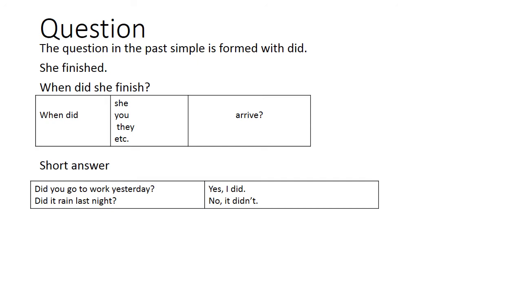Look, we began with when, and we add did, and then the subject, and we use the verb finished but without ed, and then a question mark. When did she arrive? When did they arrive? And etc.